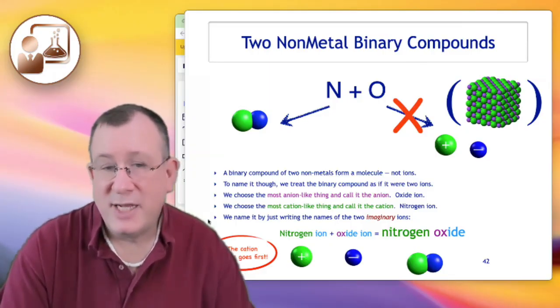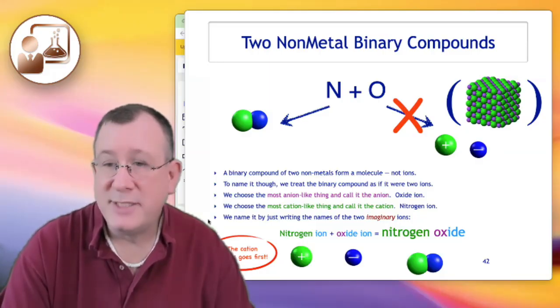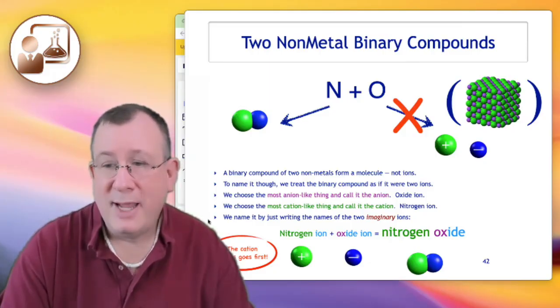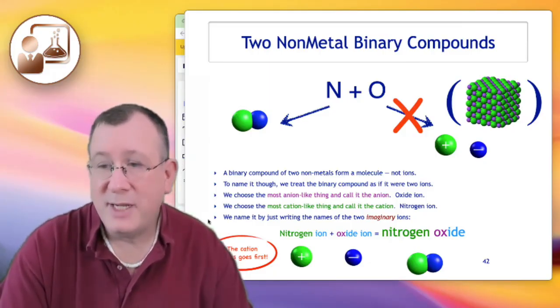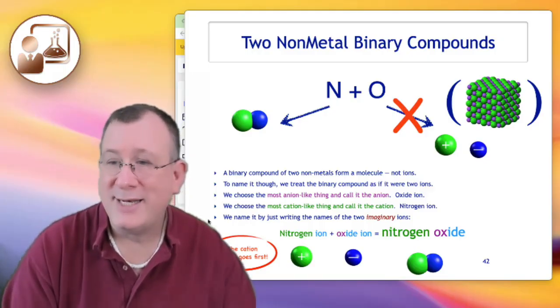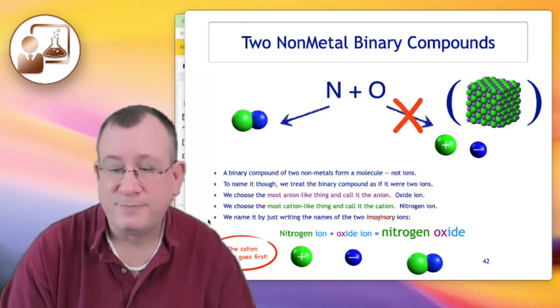Now, the challenge is figuring out which one is the positive, because remember, every compound has 1 proper name. And while it might have some other common names, there's 1 proper name. So to figure out the proper name, we've got to know which one we're going to treat as the more cation-like thing to start with.